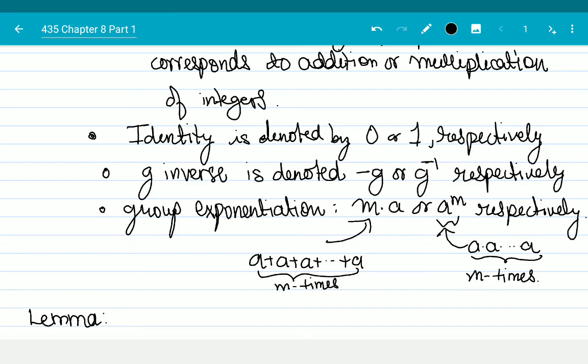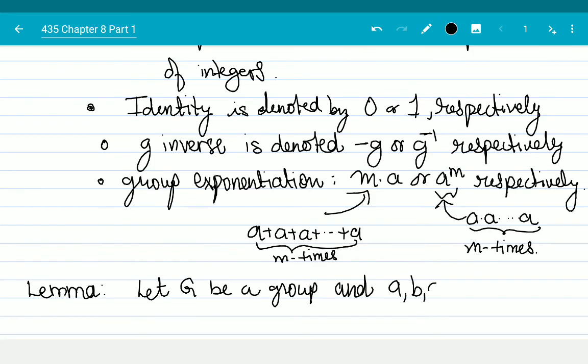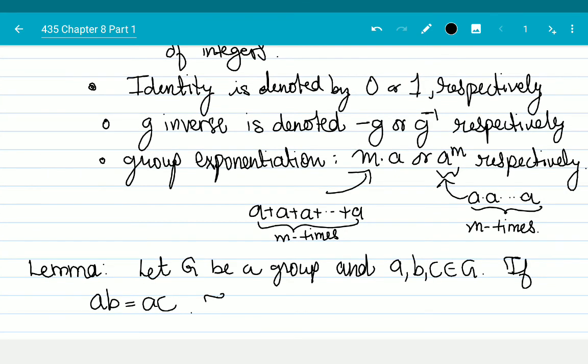Let G be a group, and a, b, c belong to G. If ab is equal to ac, then b is equal to c. Okay.